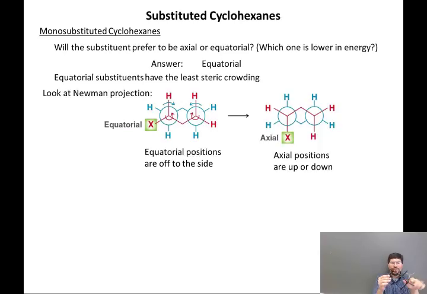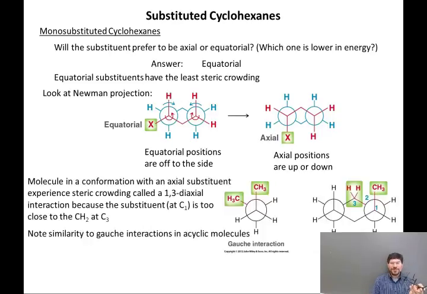If we do a ring flip and put this methyl group equatorial, it really does get out of the way of everything else. There is nothing I could do to bend or rotate this CH3 that will bring it close enough to anything else to potentially cause a problem. Okay, so the equatorial positions are off to the side.